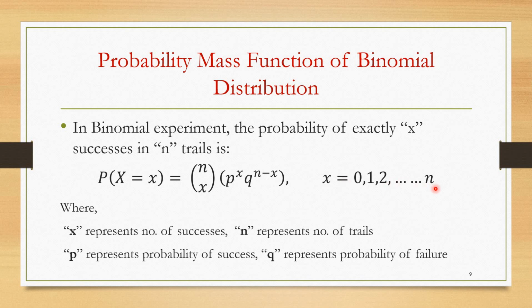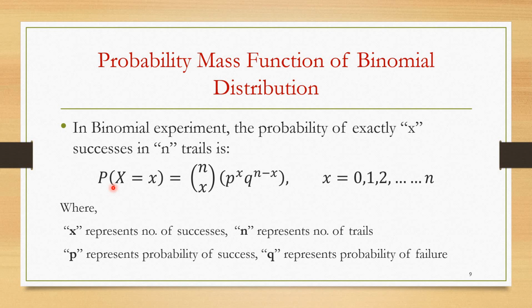Now, in this probability mass function, what is x? Small x. Capital X represents the random variable and small x is the value of capital X. It also represents the number of successes. Which thing do we define as the random variable? The thing in which our interest lies.